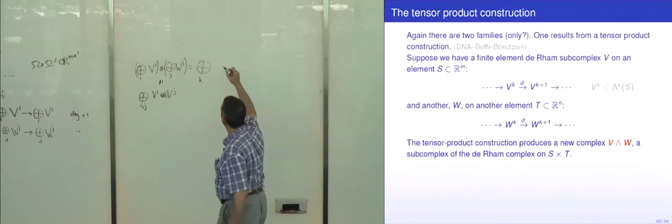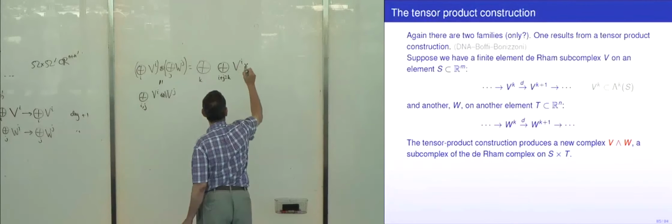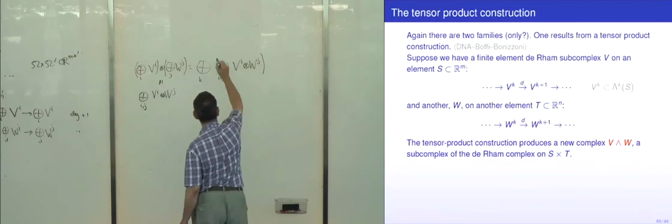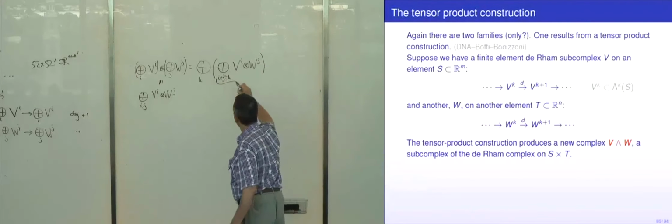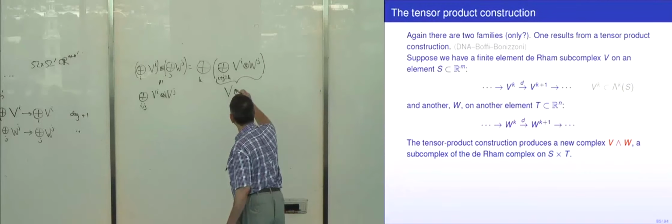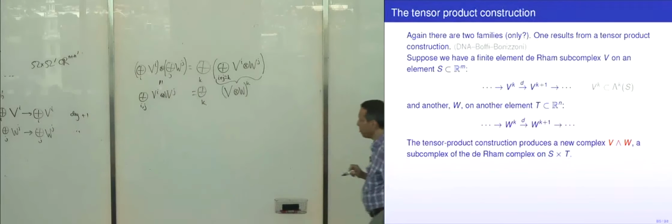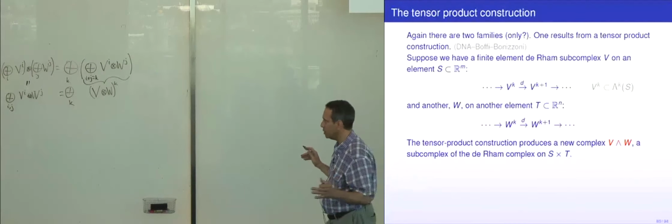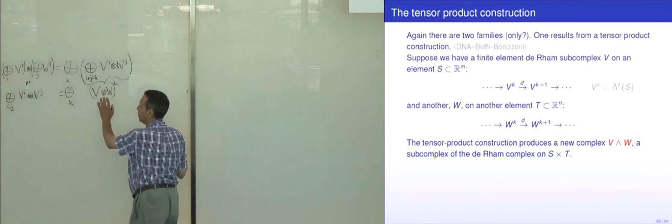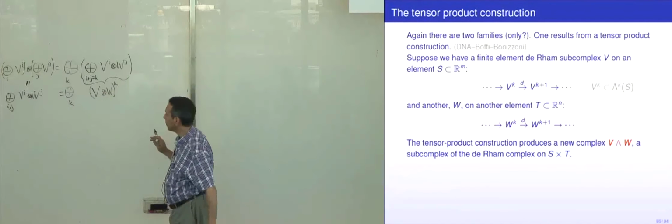So I collect the ones where i plus j is equal to k. And that's the space that I would call (V tensor W)^k. So this thing is the sum over k of (V tensor W)^k. Those will be the spaces of my complex. So the tensor product of complexes gives you another complex where the pieces are sums of tensor products over different degrees. So this is the definition.